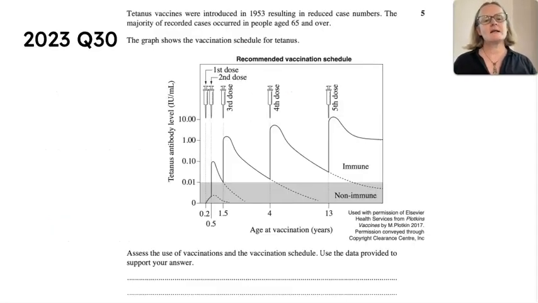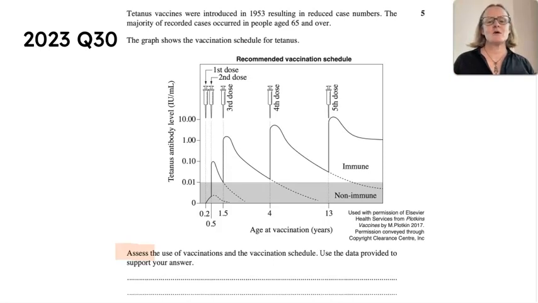So let's have a look at the HSC paper from 2023 and question 30. So we'll read the stimulus and engage with it and have a look at what we need to do. This is going to be an assess question. So we're going to need to use evidence from the stimulus to decide whether something's good or bad. And what are we looking for?